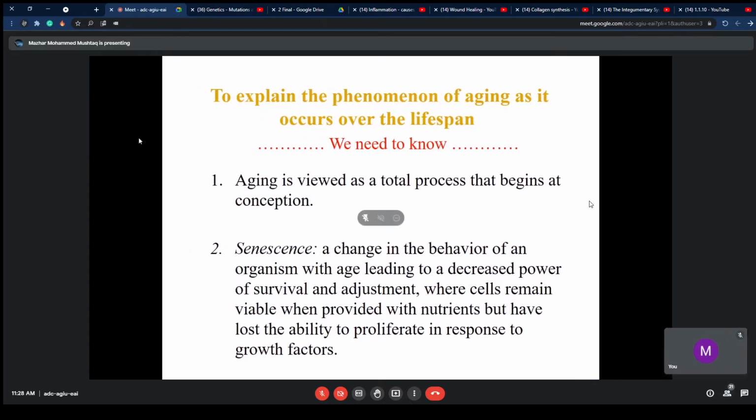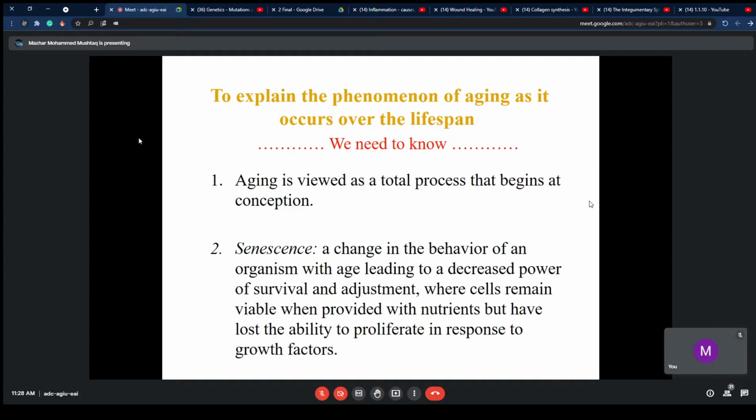But as we go on, our cellular processes, which were good in the beginning, become deprived of nutrients. Once they are deprived, they lose the ability to proliferate in response to the growth factor. So they are no longer proliferating once they begin to be deprived of nutrition.